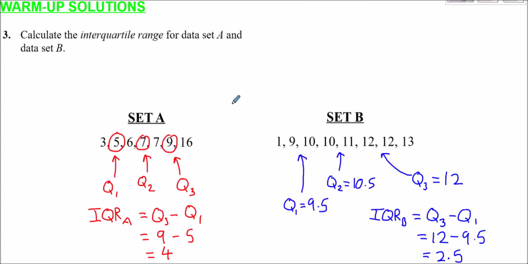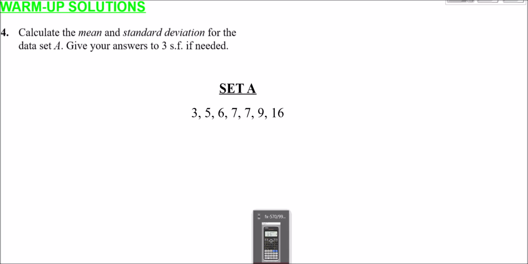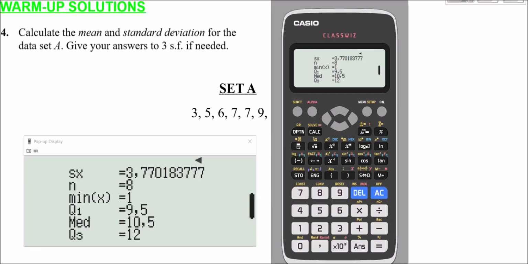Finally, question 4 of the warm-up. Calculate the mean and standard deviation for dataset A. Give your answers to 3 significant figures if needed. Just reminding you again of what dataset A was. Here it is. Again, we can use the Classwiz for this. You should know this almost off by heart now.